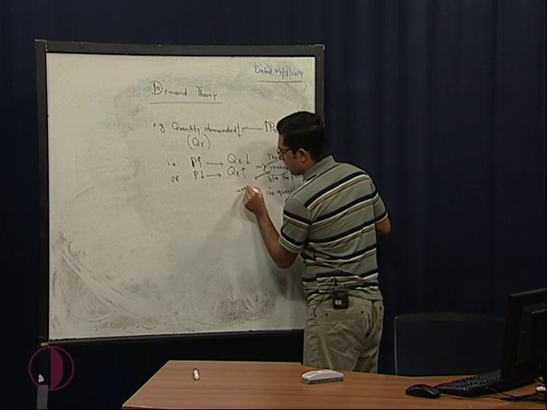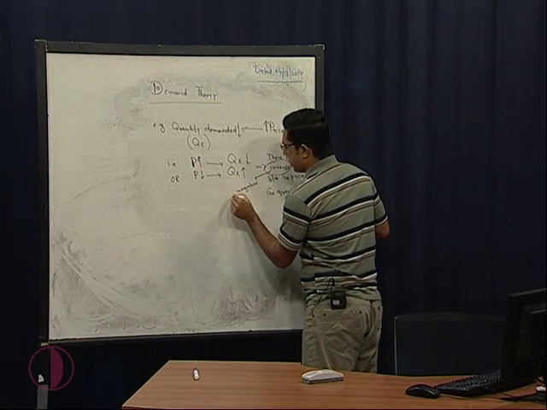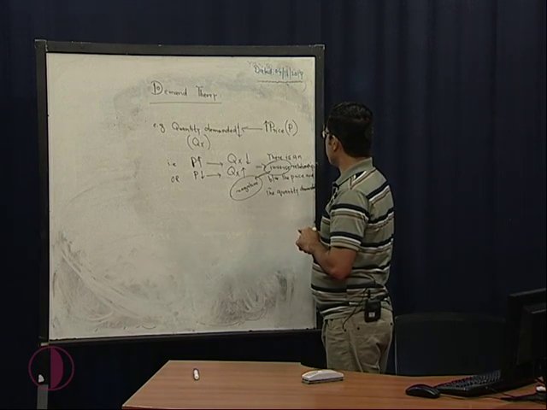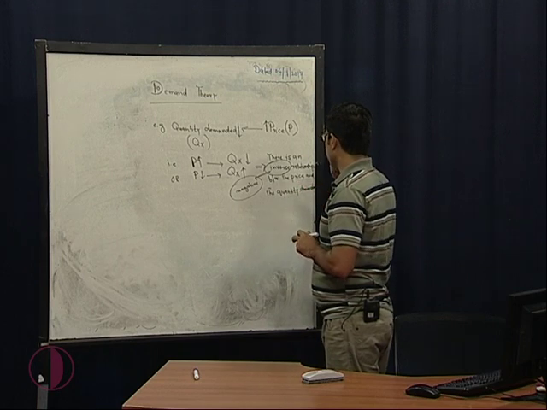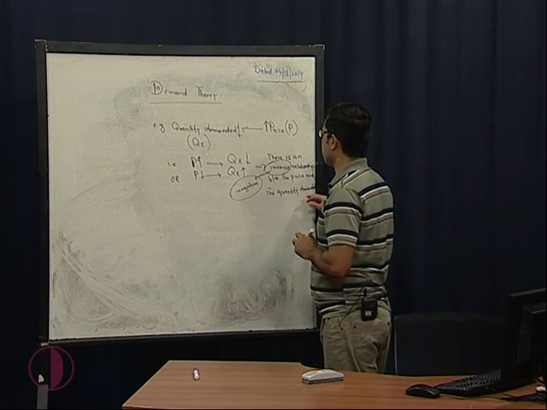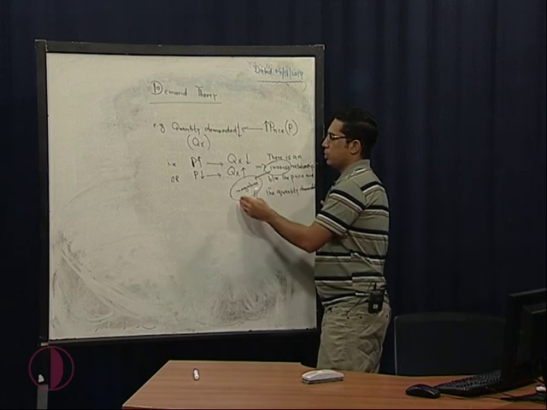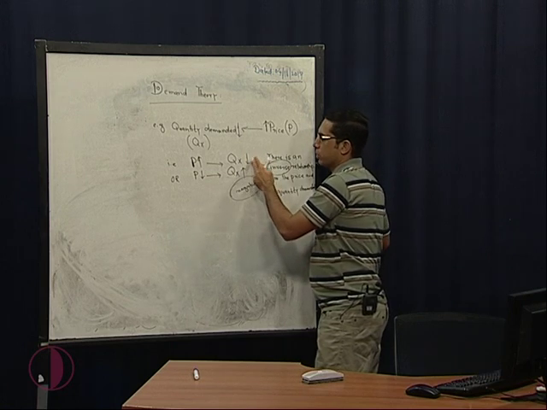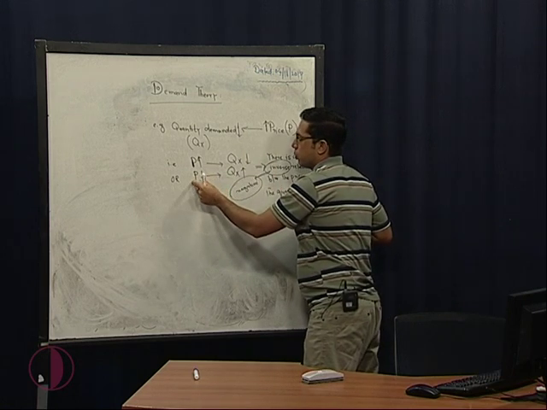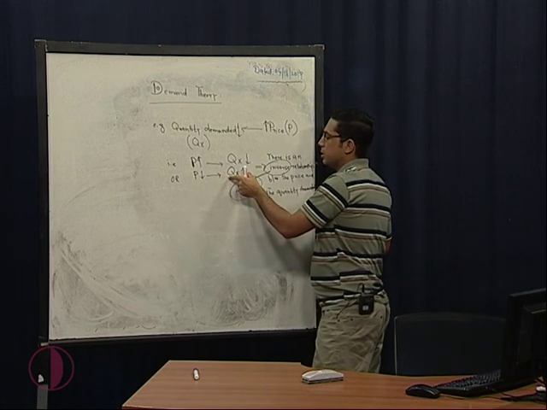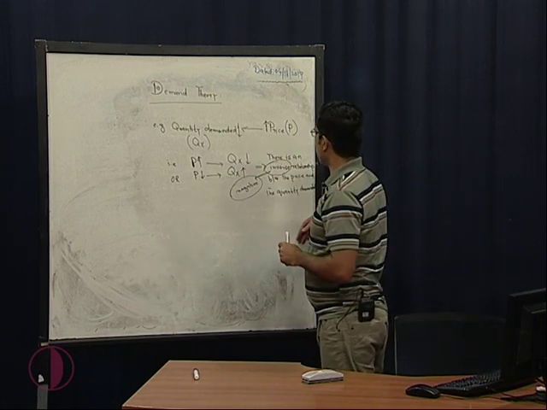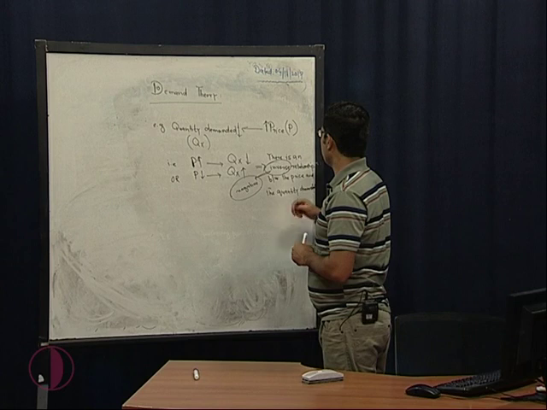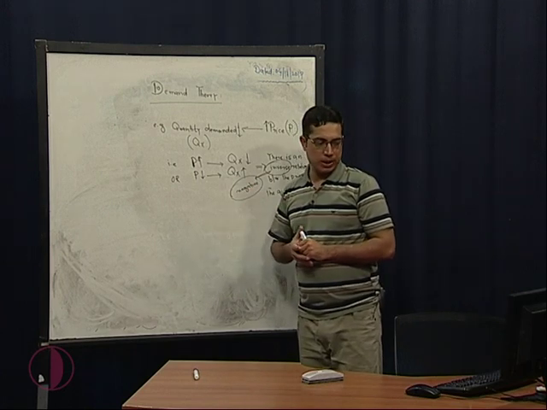Inverse means negative. So, the relationship between the price and the quantity demanded for a particular commodity is negative. If one goes up, the second will go down. If one goes down, the second goes up. So, this is a negative relationship found between the price of a commodity and the quantity demanded for that particular commodity.